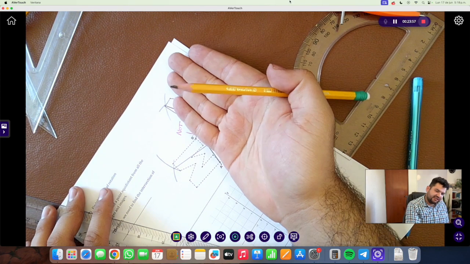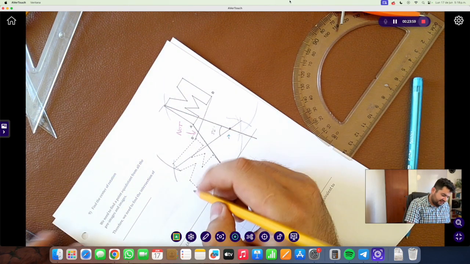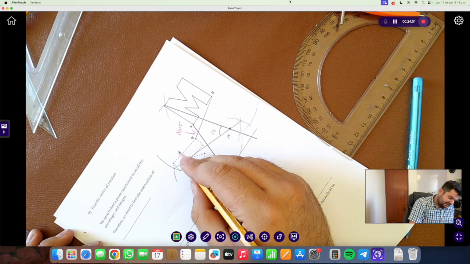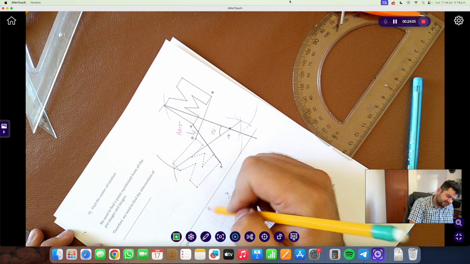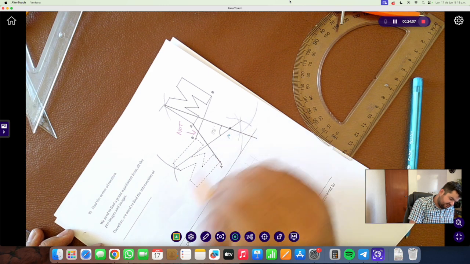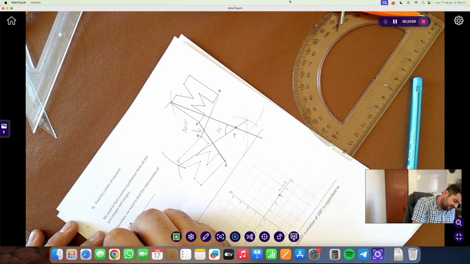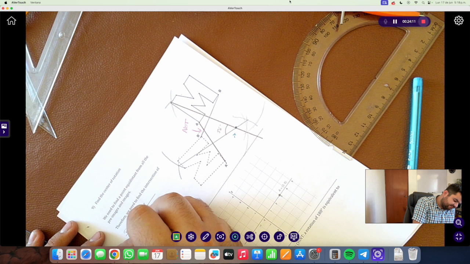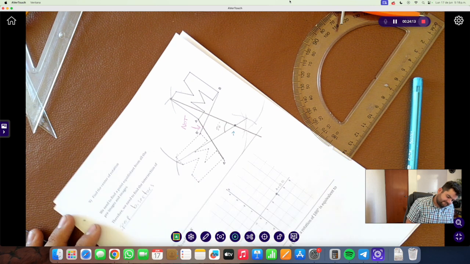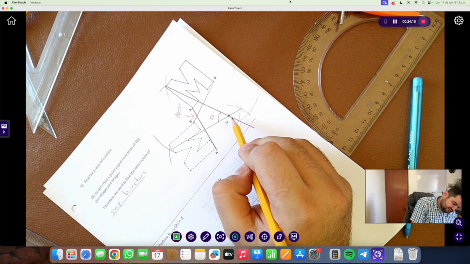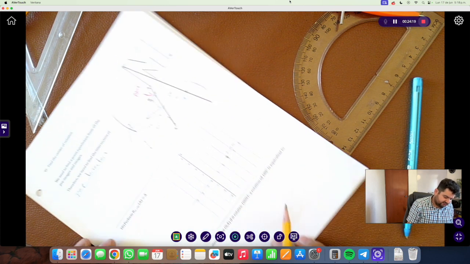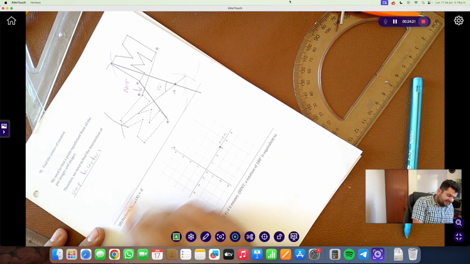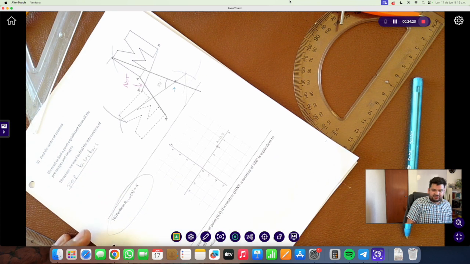And again, because you're taking from here to here, it is a 56 positive, clockwise rotation. Intersection of perpendicular bisectors. Okay. This one, not this one. This is a mistake that most of you are going to make. Be careful.